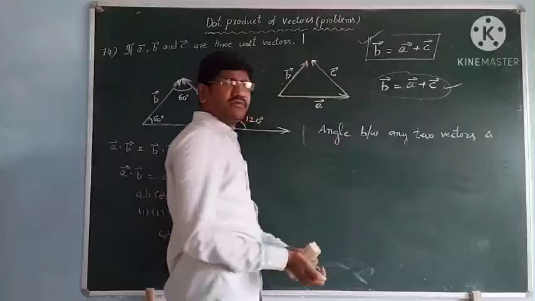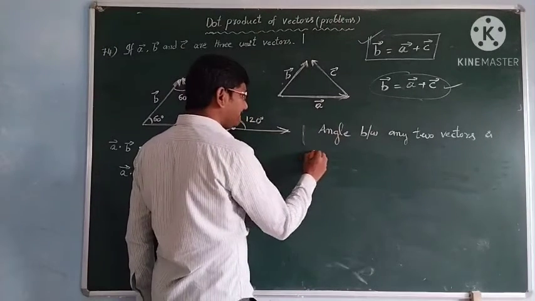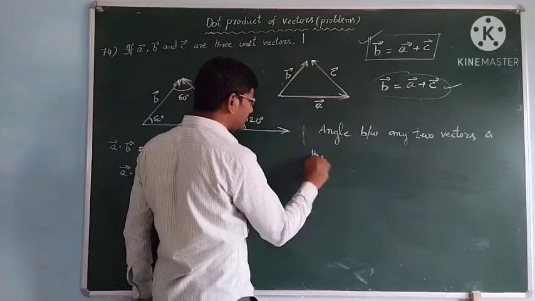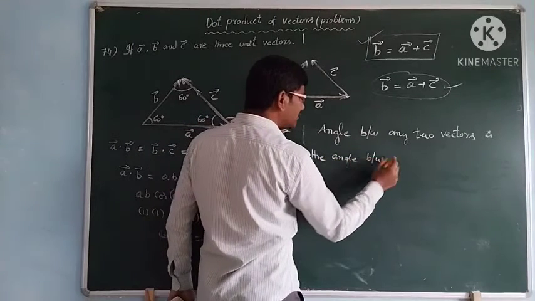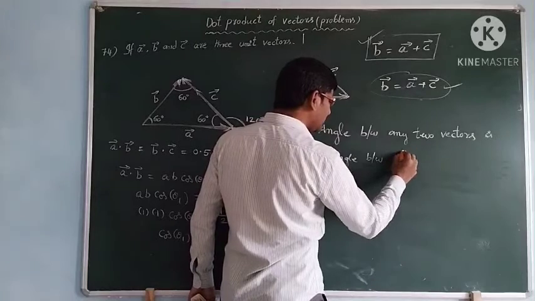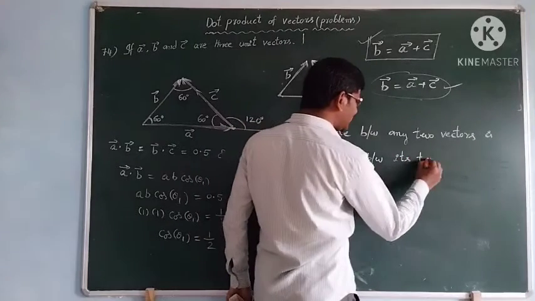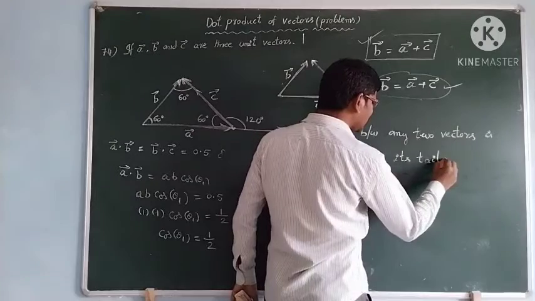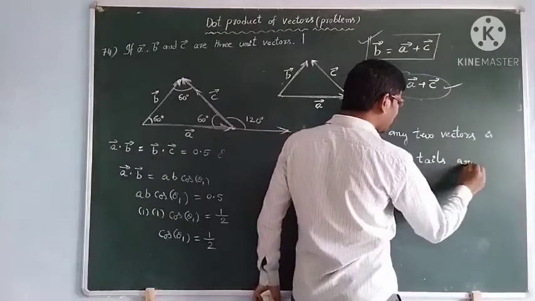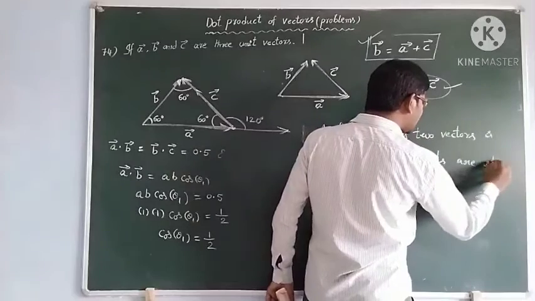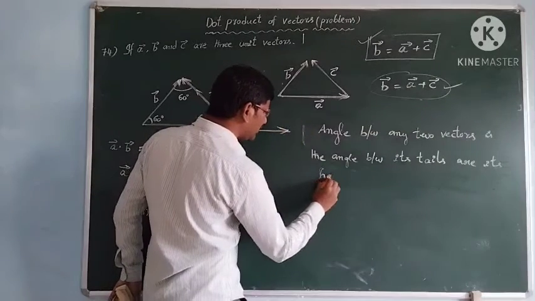The angle between any two vectors is the angle between its two tails, or the angle between its tails or its heads.